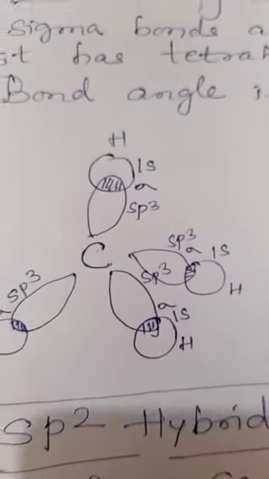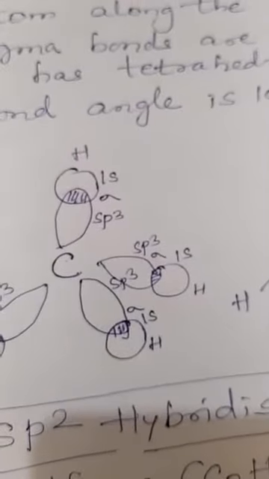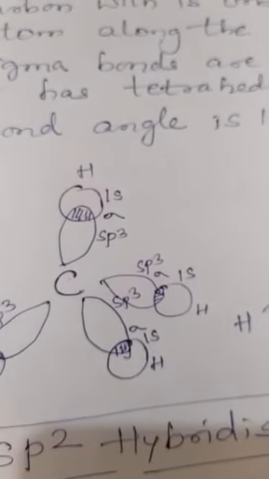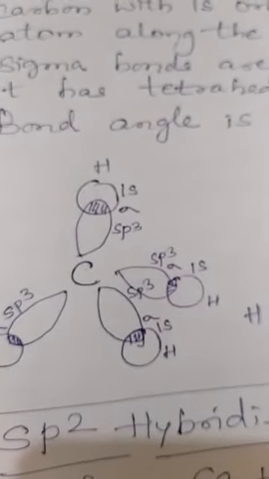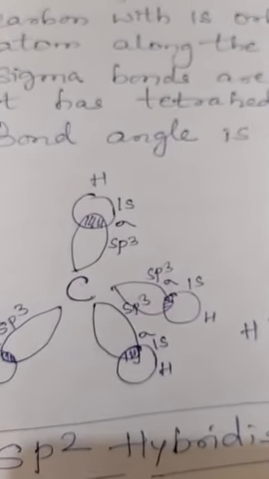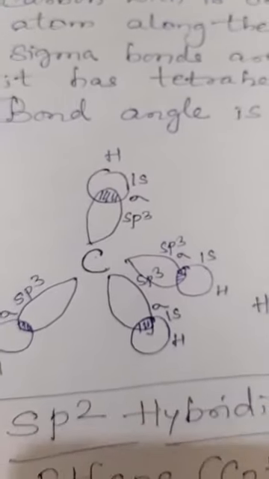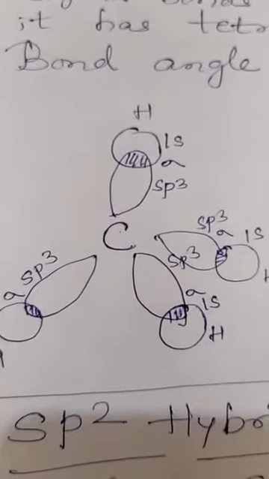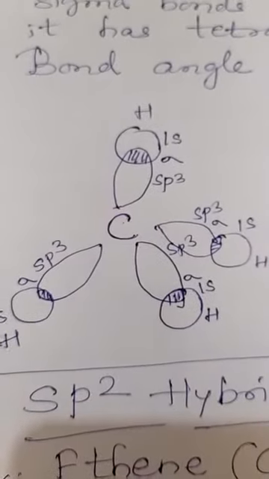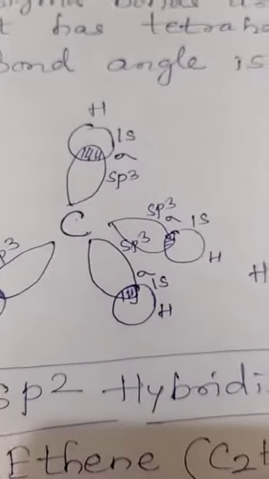Each carbon atom has four sp3 hybrid orbitals which are directed to the corners of a regular tetrahedron. These sp3 half-filled hybrid orbitals overlap with the 1s atomic orbital of the hydrogen atom along the axis to form sigma bonds. So the molecule assumes a tetrahedral shape.